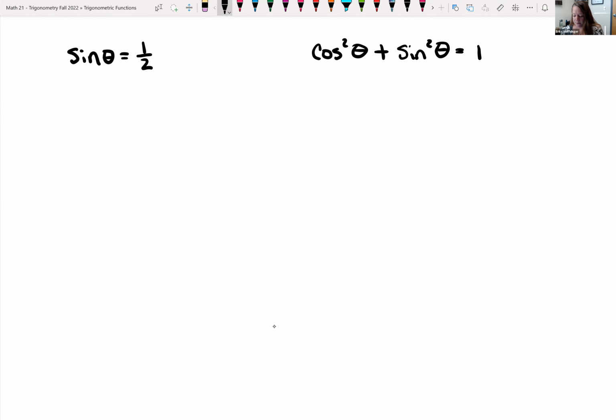So using this method to figure out what, in this case, cosine theta is. So let's just go in and substitute in 1/2 where we see sine squared theta. Let's write it like this. Cosine theta, quantity squared, plus sine theta, quantity squared, equals 1.